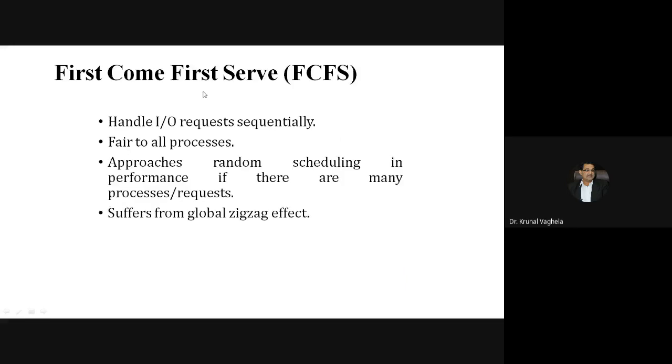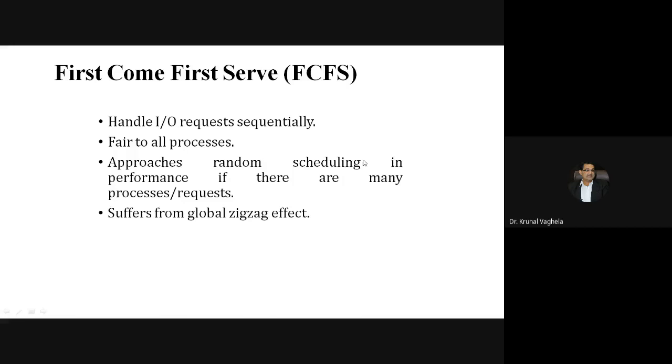First come, first serve. By the name only, you already have enough idea what it is. It handles the IO requests sequentially in arriving order. If many processes are requesting disk IO, then it processes the requests according to arrival. The biggest advantage of first come, first serve is that it is fair to everyone.